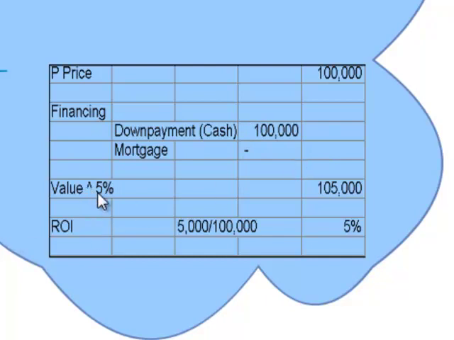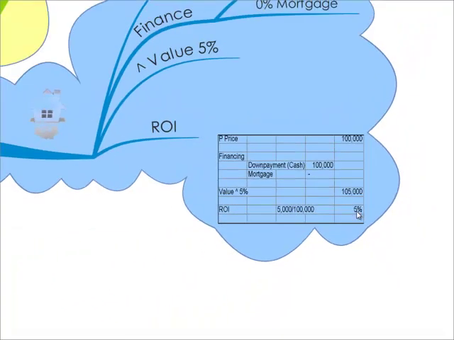The value of the home increases by 5% to 105,000, and our return on investment is essentially that increase in value, 5,000, divided by how much money we put in the deal, which was 100,000, because we bought it for cash. So effectively, we've got a 5% return on investment purely from capital appreciation. Okay, so let's look further.